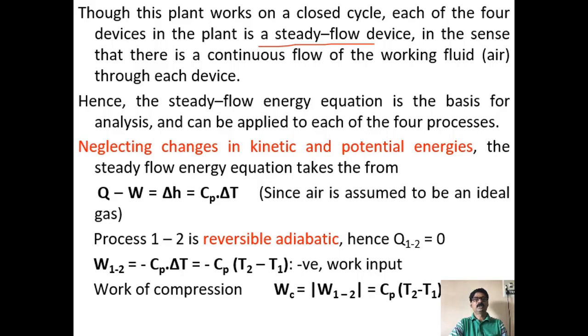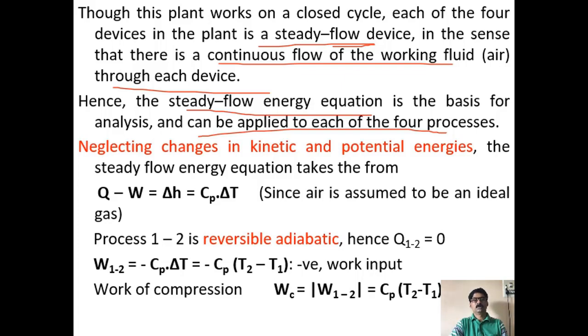All 4 devices are considered steady flow devices, in the sense that there is a continuous flow of the working fluid through each of them. The rate of flow of the working fluid is the same in all the devices. Hence we can use the steady flow energy equation for the analysis, and it can be applied for all these 4 processes: compression, heat addition, expansion, and heat rejection.